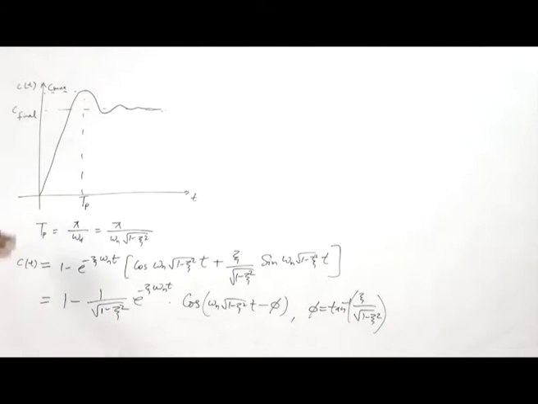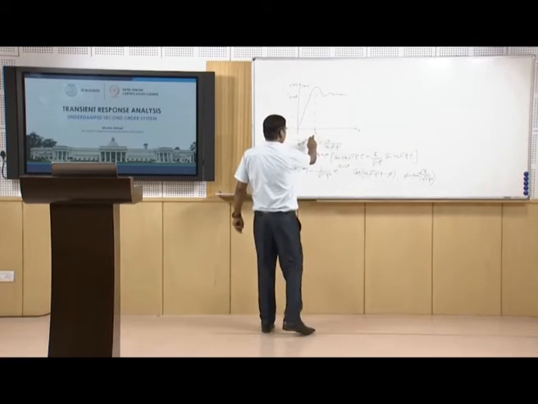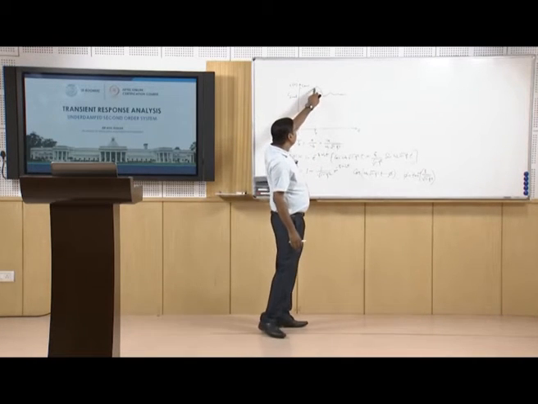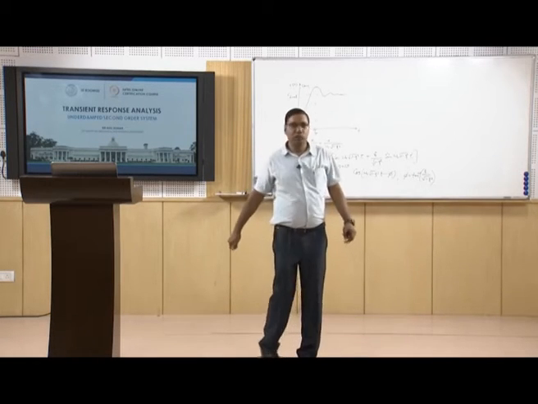So this was the response for this underdamped second order system, and we find the peak time by taking the slope of this curve equal to 0, that is dC(t)/dt equal to 0.